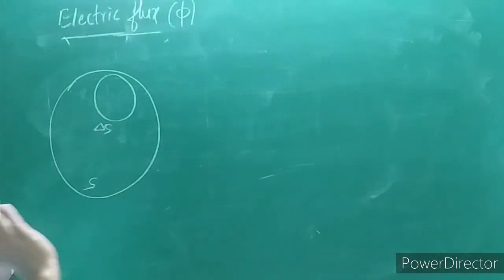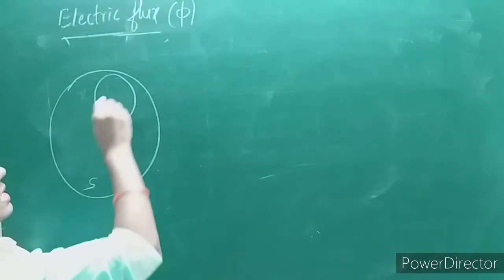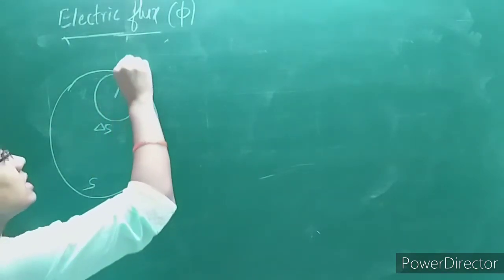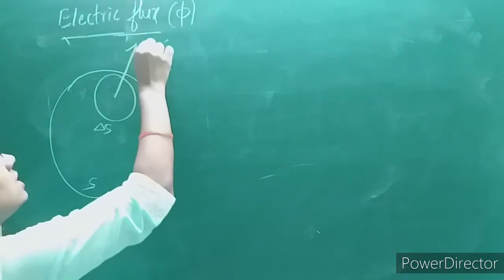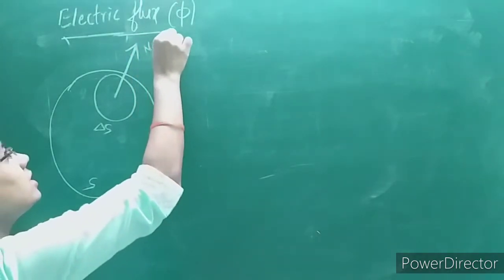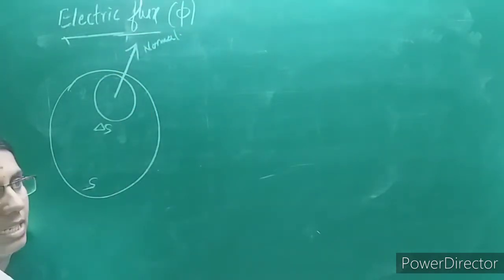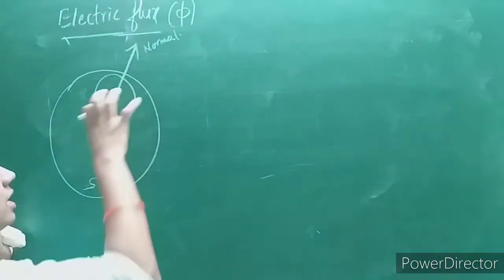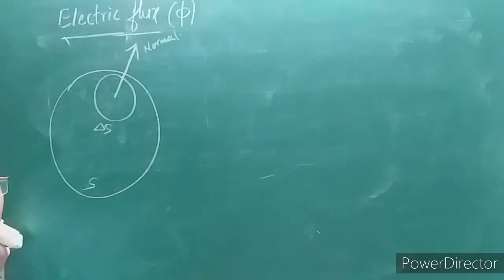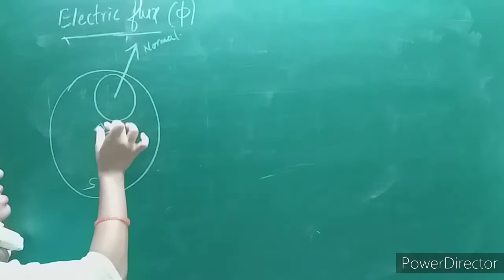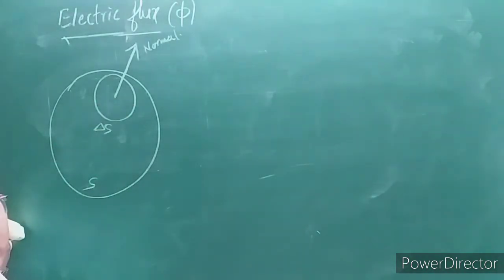See, if we draw a normal to this surface, the normal is like this. Here, we are considering the area in a particular direction. That's why we treat this as an area vector.